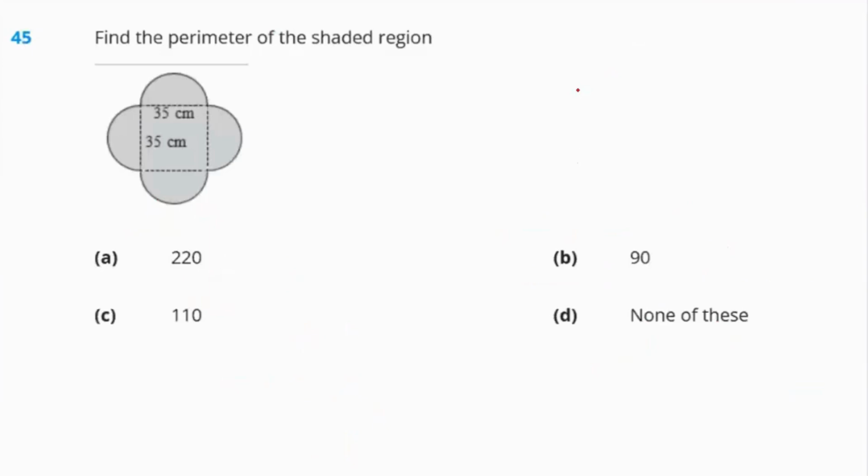Next, find the perimeter of the shaded region. So we have to find out the perimeter of this region. Here we know that these are all semicircles, and we have the total diameter. From that diameter, we will find out the radius.